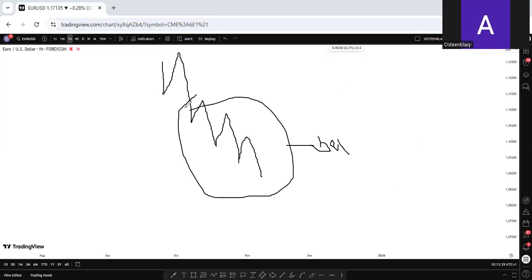Then here didn't mitigate into this one. So this is an imbalanced market, IMB. In such a scenario, we can now say this is an imbalanced market.